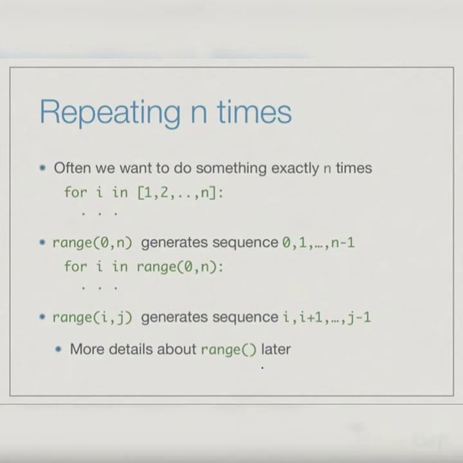Repeating n times. For example, if we want to repeat any particular statements n times, we generally use for loops. In the first line you can see that I've used a for loop to print elements directly from the list.